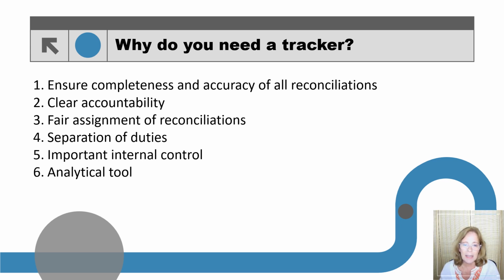That brings us to the second item, clear accountability. Time is limited in most accounting teams, and there always seems to be too little time to get it all done. That means the process has to be smooth and seamless to not waste unnecessary time or, even worse, duplicate effort.